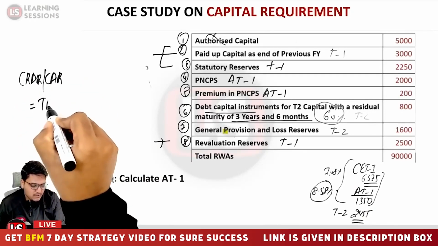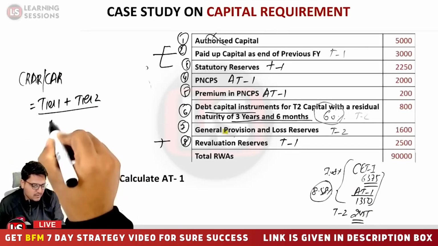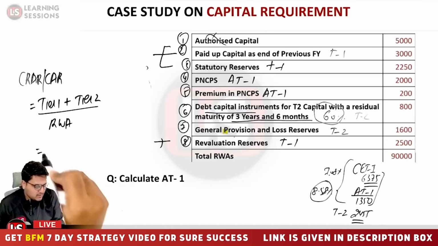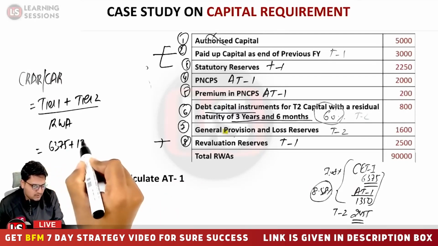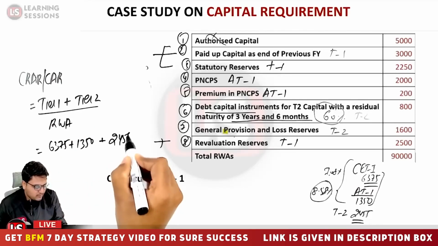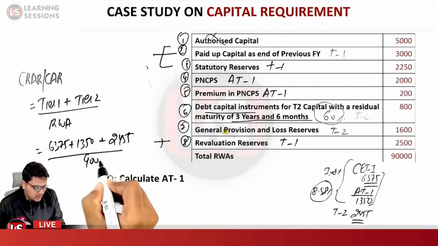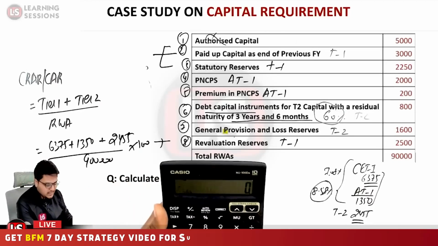So it is tier 1 capital plus tier 2 capital. Tier 1 capital is CET1 plus AT1, that is 6375 plus 1350, and plus tier 2 capital, which is 2455 that we calculated, divided by 90,000 multiplied by 100. Okay, so that is CRAR.